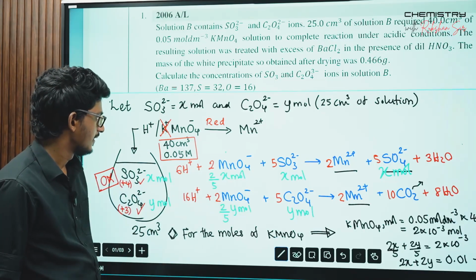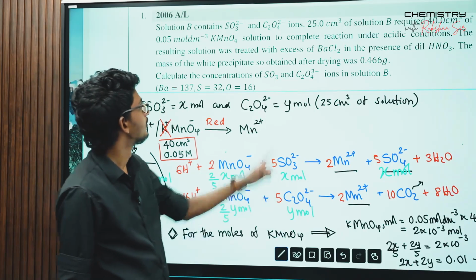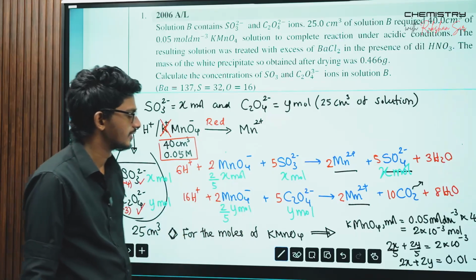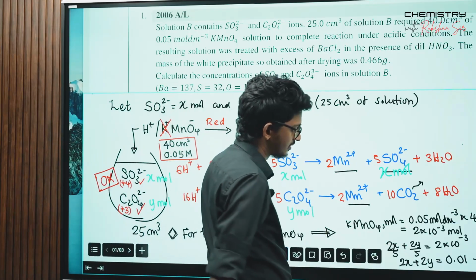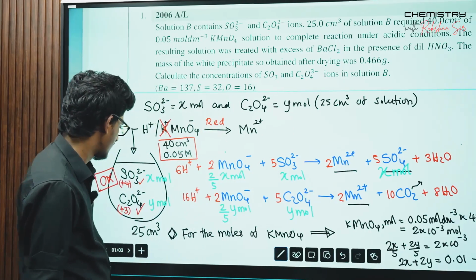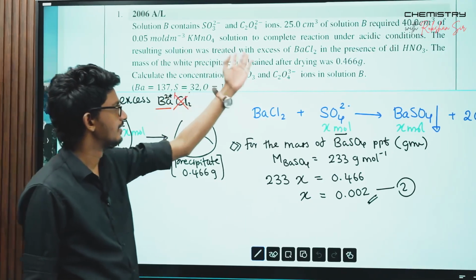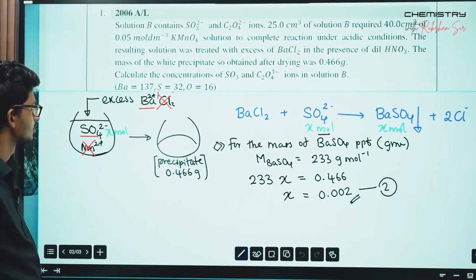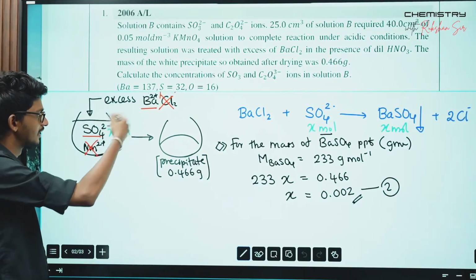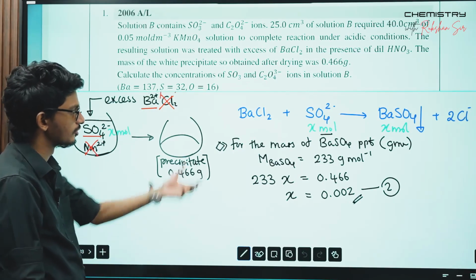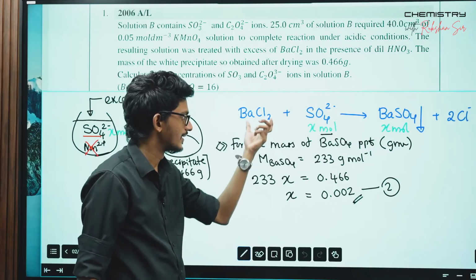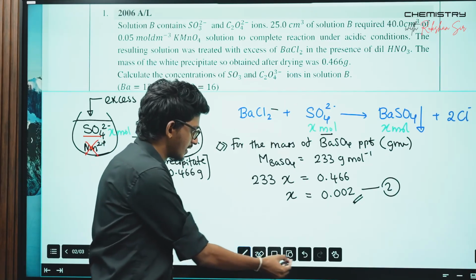After that, for the data point, we had written the simultaneous equation. Then we went for the next part of the question where they have discussed precipitation. There also we had selected which species are to get precipitated, and with that, we wrote the chemical equation.